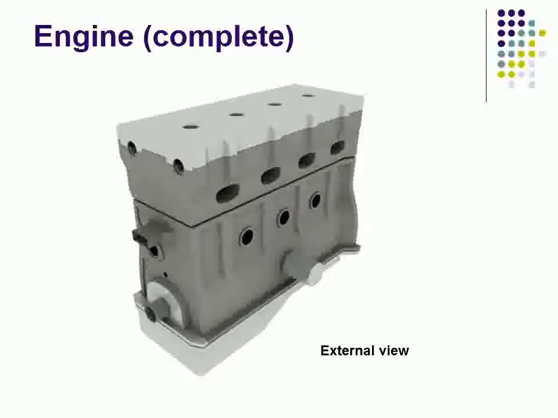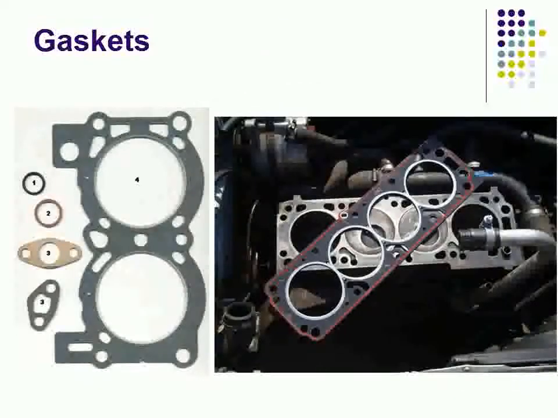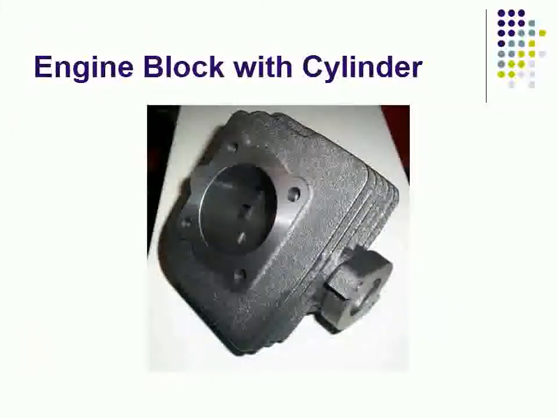This is the external view. These are the pictures of gaskets used in the engine to seal the cylinder head and the cylinder block. This is the engine block with the cylinder.